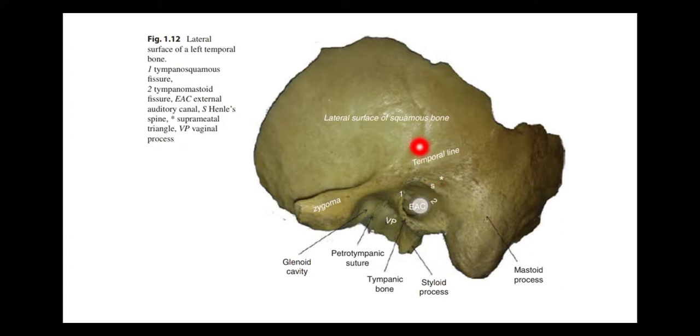Between the tympanic and the squamous part of the temporal bone is the tympanosquamous fissure. The tympanosquamous fissure, the tympanomastoid fissure here.